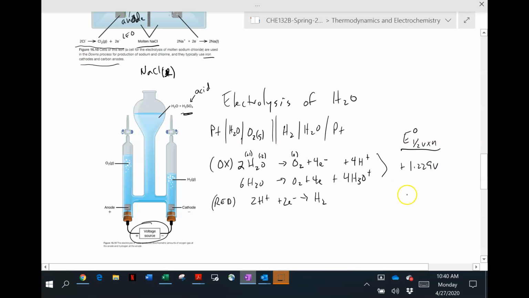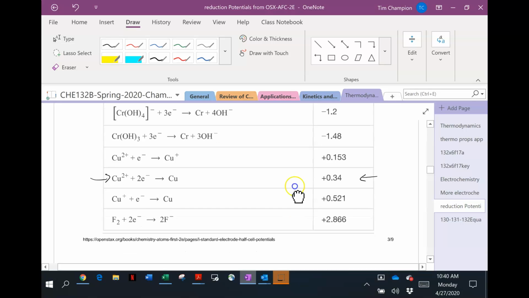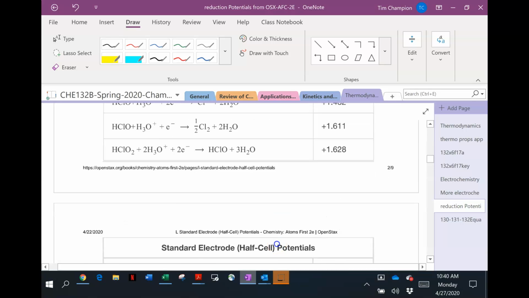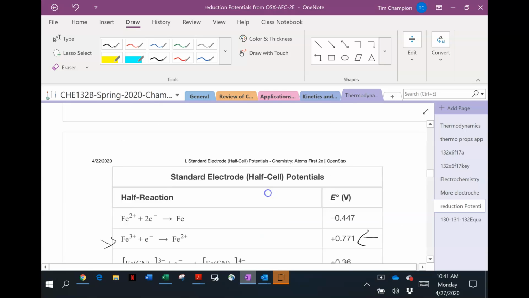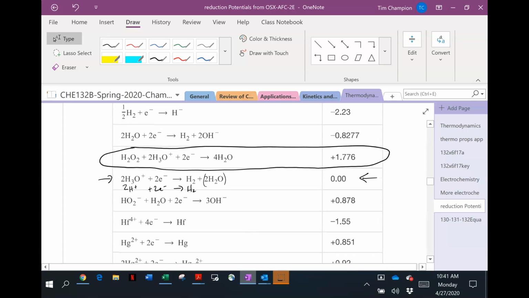This half reaction, let's check that one in the table. I've got confusing values here. So let's look at the water producing oxygen in acid solution.